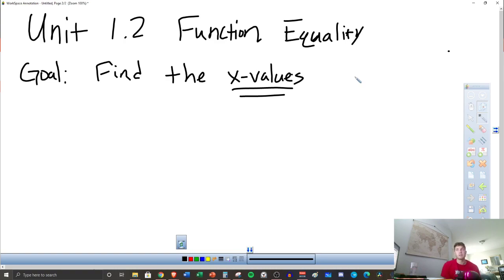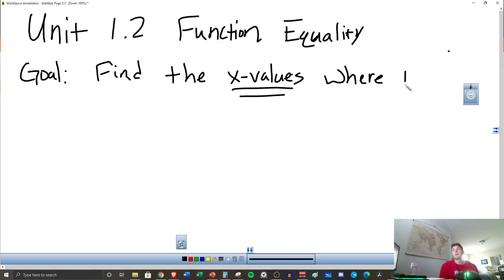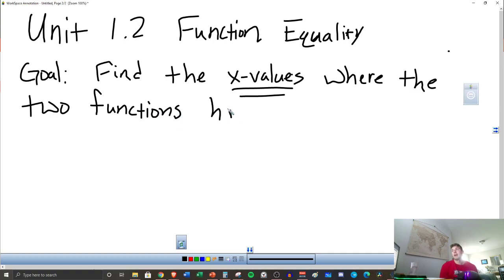Answer or answers, okay? Where the two functions have equal y values.